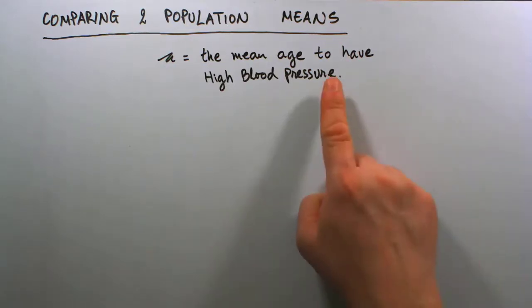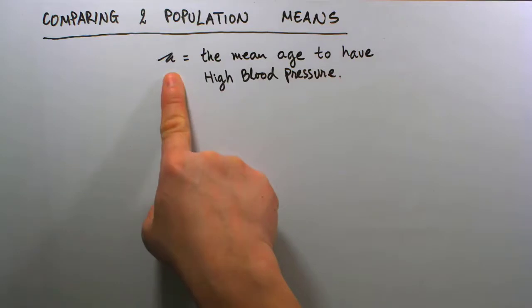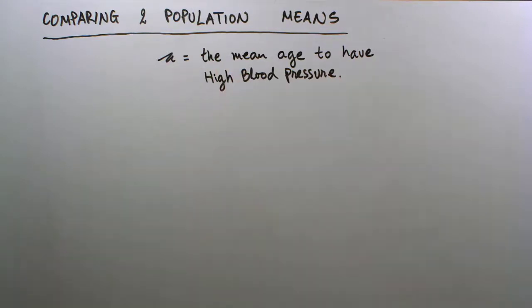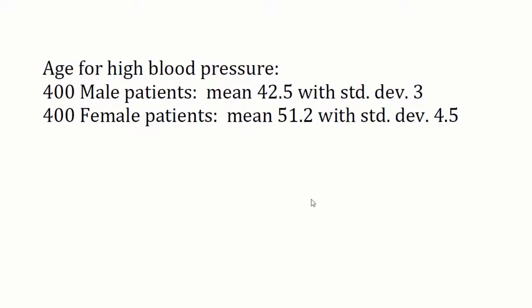We're still looking at the general population mean age to have high blood pressure, but I actually brought it up from data that I have obtained. I am not saying that the data I'm showing on screen is any longer valid, but we can still use it as a demonstration of what we're studying here.